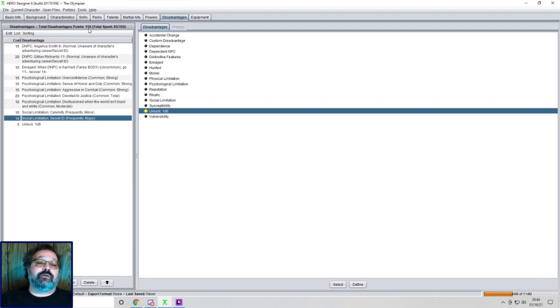Alright, so now we have 150 points of disadvantages, which we were allowed to take, and we have a nice, rounded out, superhero type goody-goody character. The unluck comes in that you see this celebrity, people are always hanging around, and he has to protect them.